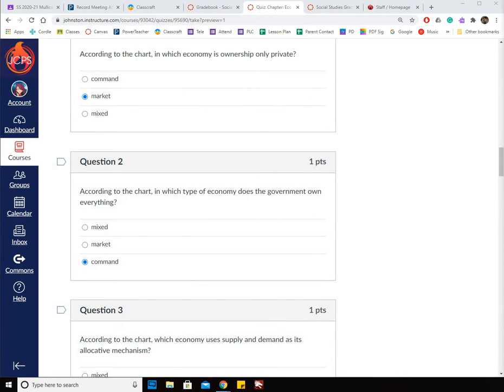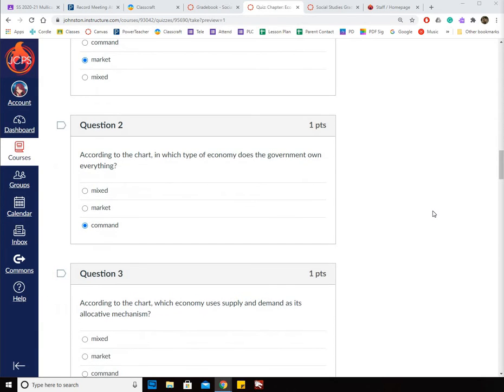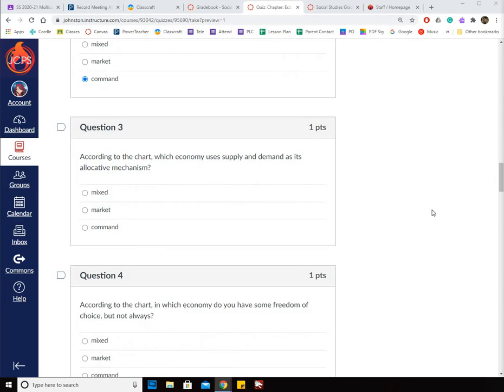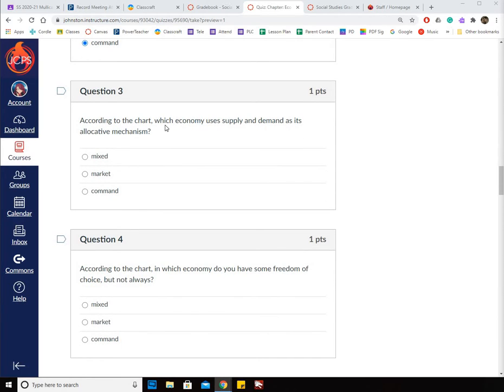So number 2 is like, I'm going to add the number there in the chat so that anybody who needs to look back can. All right. According to the chart, which economy uses supply and demand as its allocative mechanism?